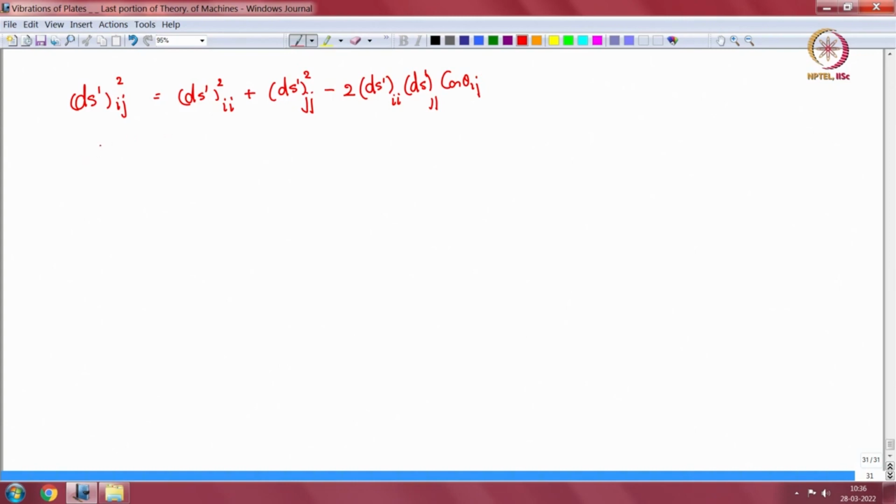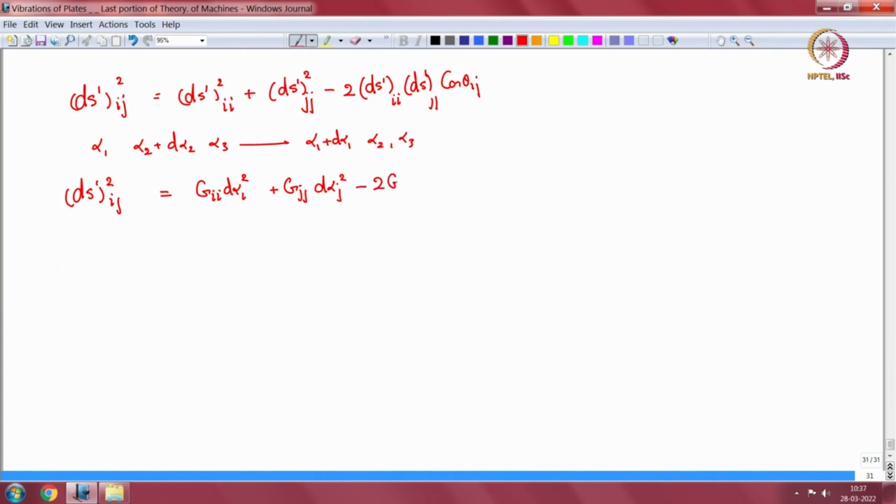Whereas the distance between the 2 points alpha 1, alpha 2 plus d alpha 2, alpha 3 and alpha 1 plus d alpha 1, alpha 2, alpha 3, in our derivation, is given by g I d alpha I squared plus gjj d alpha j squared minus twice gij d alpha I d alpha j.